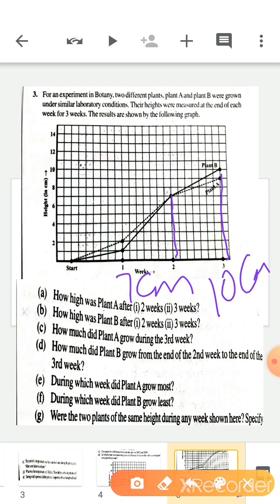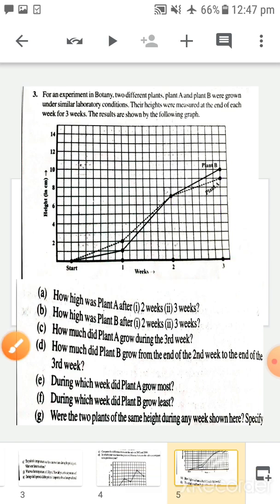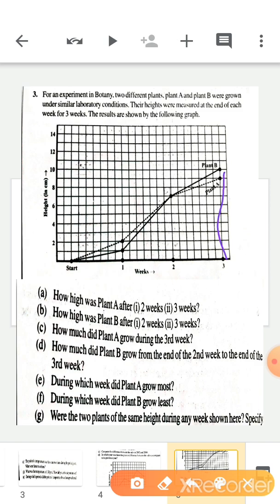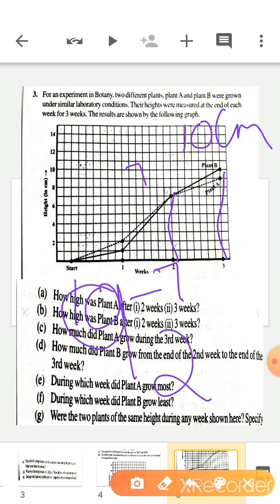Now the third is, how much did plant A grow during the third week? After 3 weeks it is 10 centimeter, and in the second week it was 7. So 10 minus 7, the answer will be... no, we are talking about plant A. So plant A is 9, sorry. 9 minus 7 is 2 centimeter.